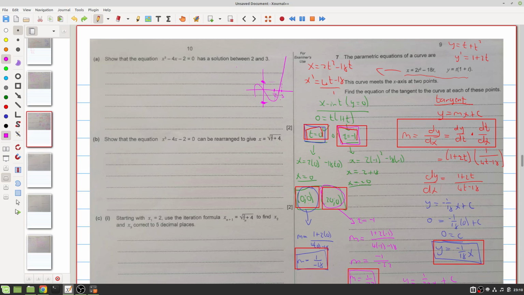And it would be exactly the same if we had some other curve. Let's say we have this curve, right? So between, let's say, 1 and 5, at 1 the y value was positive, and at 5 the y value was negative.